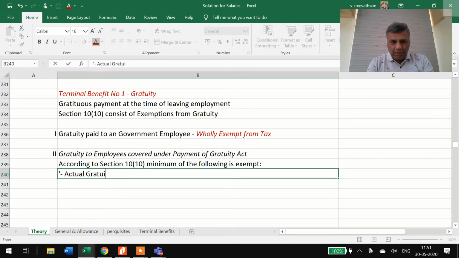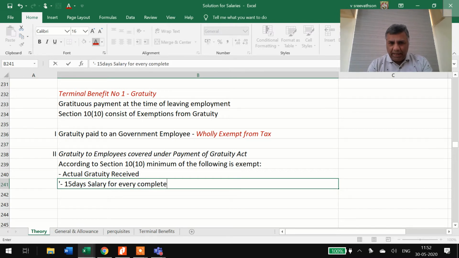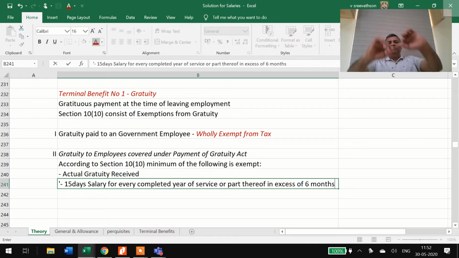Actual gratuity received. 15 days salary for every completed year of service or part thereof in excess of 6 months.